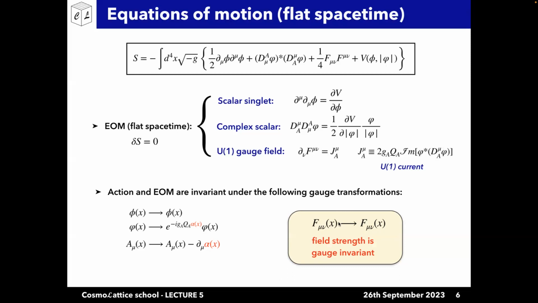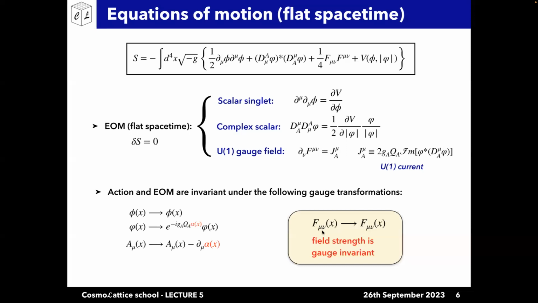Just an important comment: the field strength is gauge invariant. So A_mu is not gauge invariant, so it is not physical. The quantity that is physical is F_mu nu, because it is gauge invariant. This means that the electric field and magnetic field, which are given by the field strength, are also gauge invariant quantities.